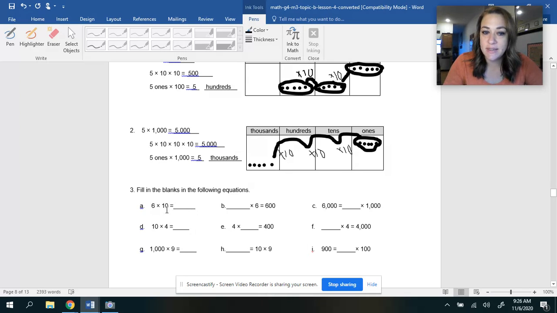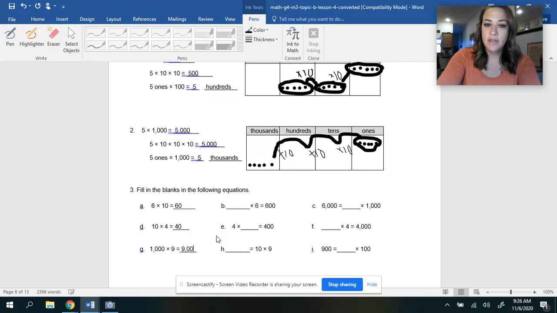So if I have 6 tens, that means I have 60. 10 times 4. Well, if I have 4 tens, that's going to give me 40. 1,000 times 9. Well, if I have 9 thousands, that's going to be 9,000.